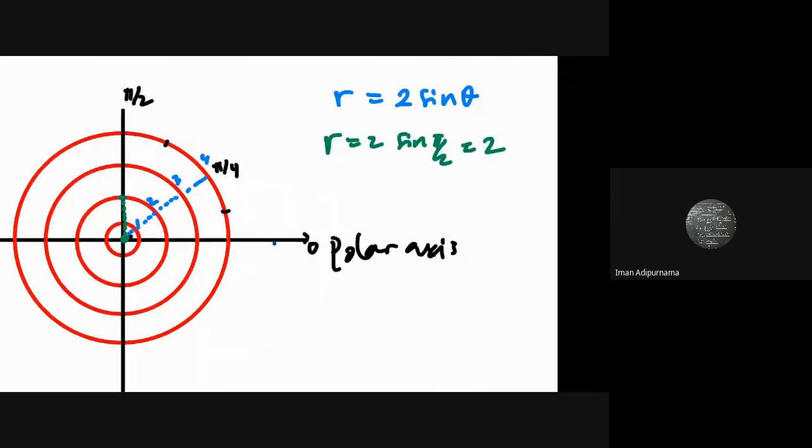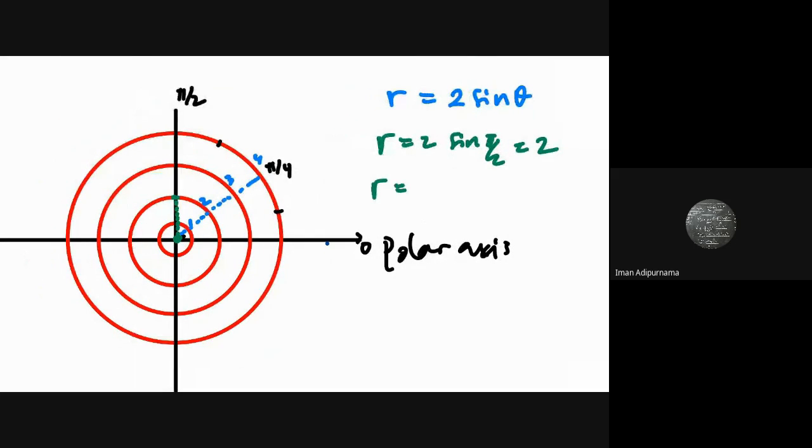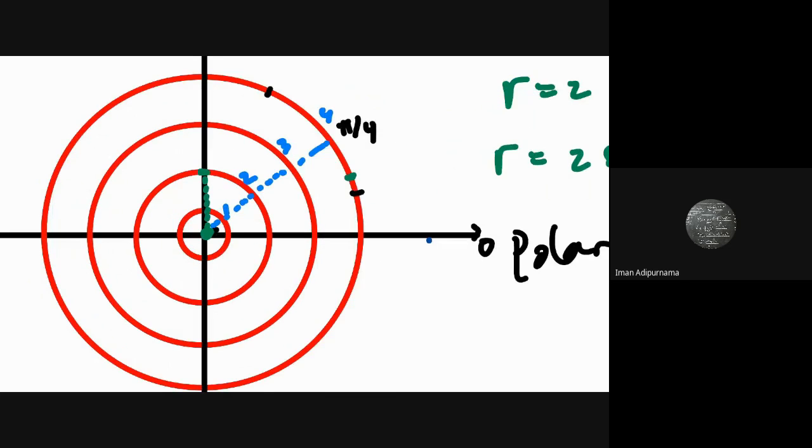Or maybe let's write with pi over 6. Pi over 6 is probably around here. So this should be equal to 1, maybe here.